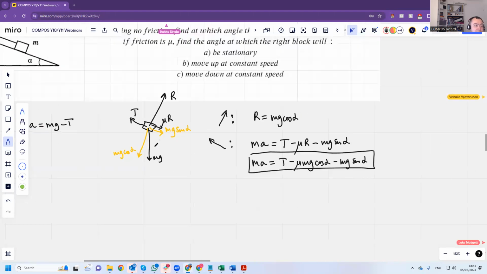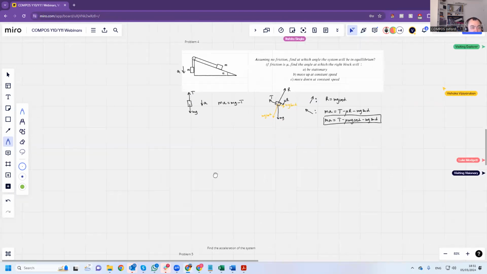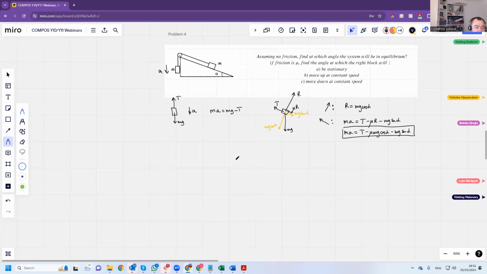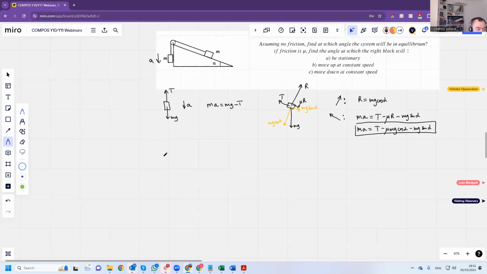So the first question, number one, no friction. We have ma equals mg minus T. We can use that to substitute T is equal to mg minus ma.